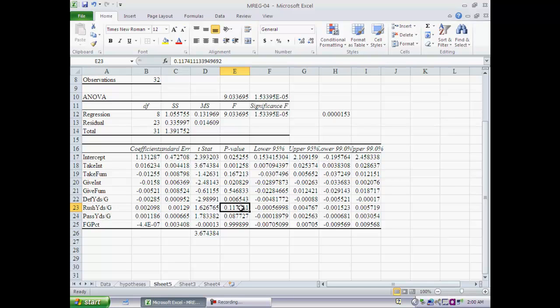These 3 or 4 variables are probably not contributing a whole lot. So my next step in getting a parsimonious model was to try and remove these variables, maybe remove field goal percentage from the regression and see what sort of results I get with that particular independent variable removed.